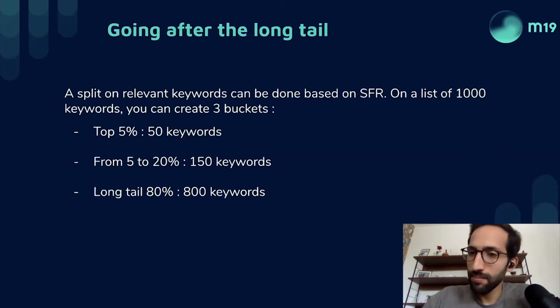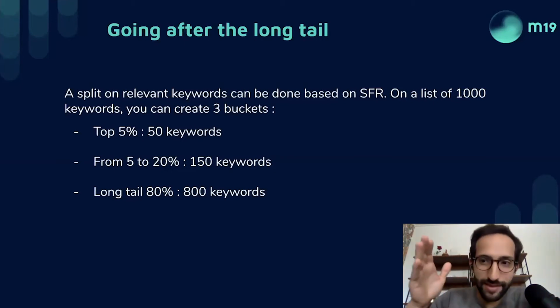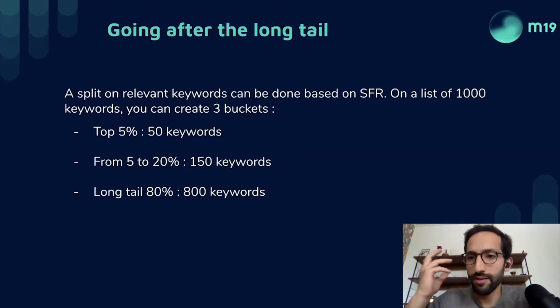This time you don't put a single keyword per campaign, otherwise it will be a complete nightmare. Just handling hundreds and hundreds of campaigns is crazy. You just group all of them in one single campaign.